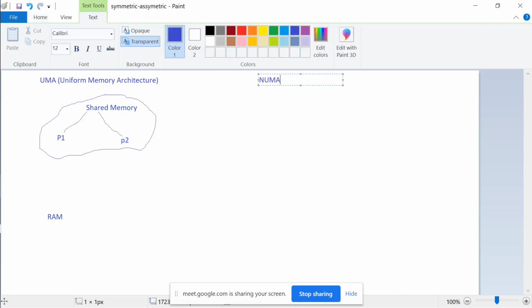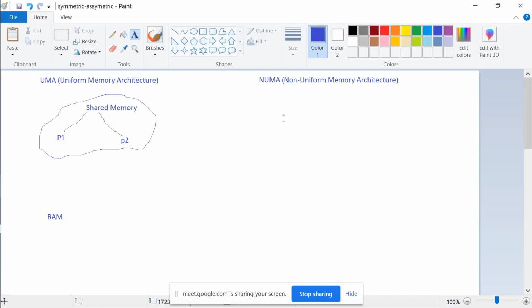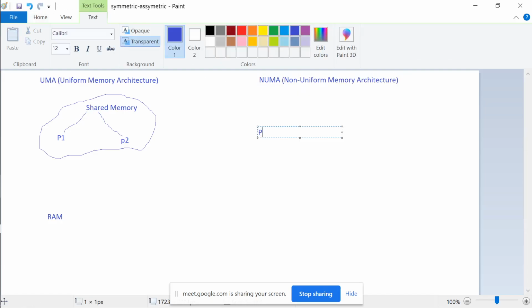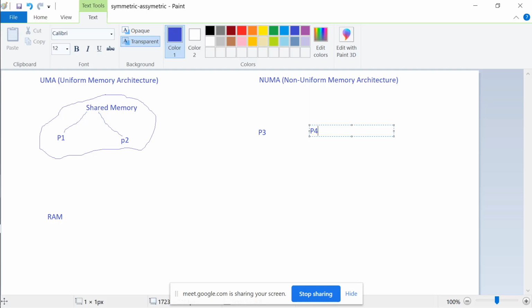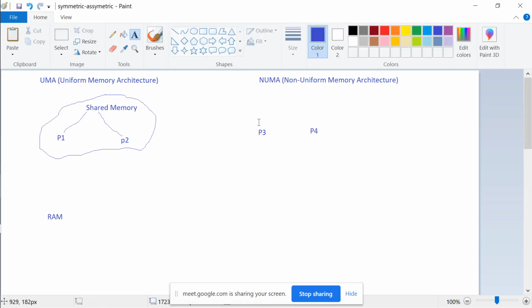And what is your NUMA architecture? NUMA is non-uniform. One is uniform, one is non-uniform. So if uniform means shared memory, then non-uniform would mean no shared memory. If there are two processors P3 and P4 inside your system, the memory won't be shared.